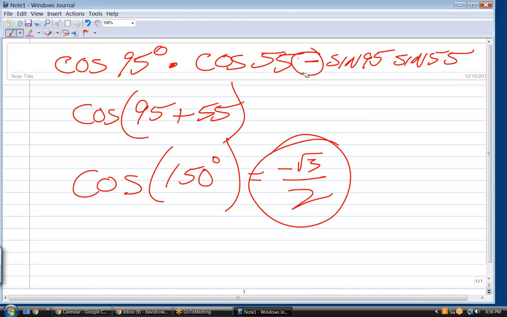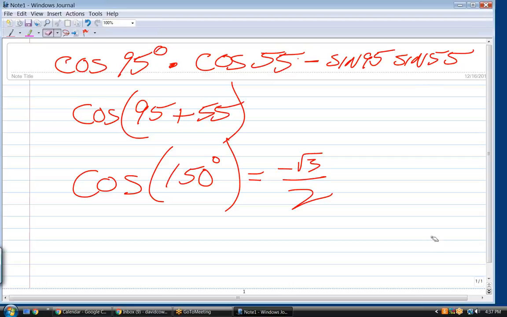And yet, by using the sum and difference identity, we're able to solve it. If we can put an angle together or split it up into something that is a multiple of 30, 45, or 60, we'll be able to solve it without a calculator. You didn't use a calculator to solve this, you used the trig identity.